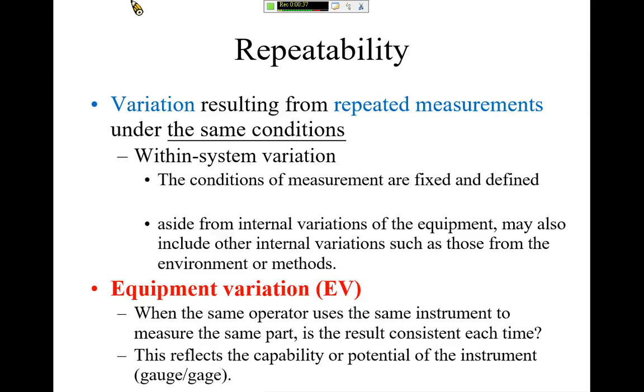Repeatability is the variation coming from repeated measurement. In practice, repeatability means the variation from the measurement equipment.